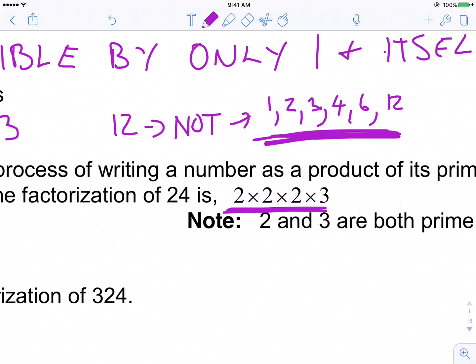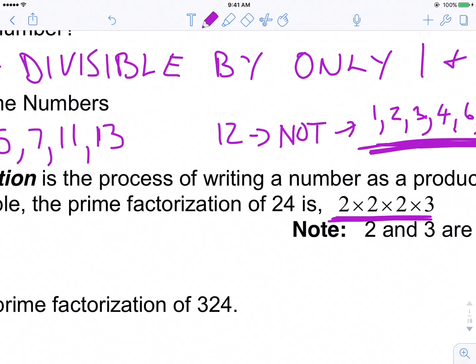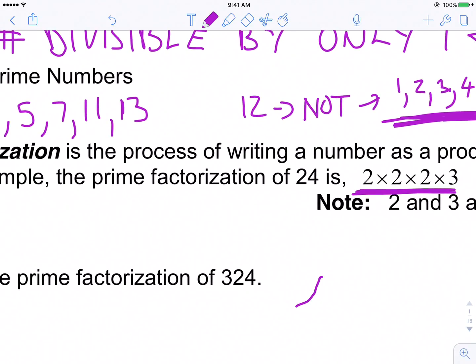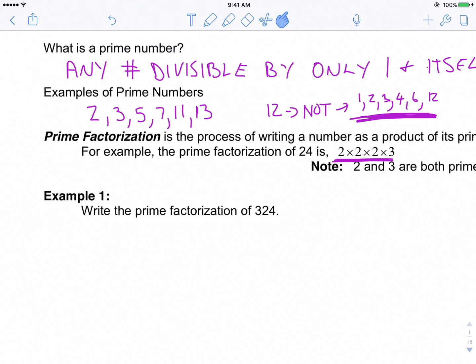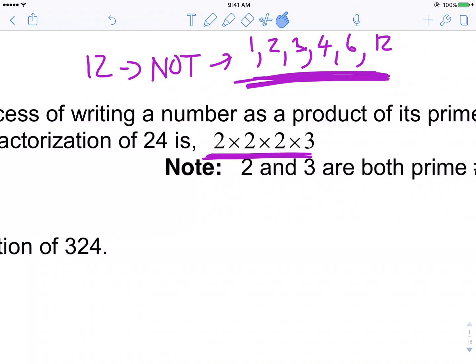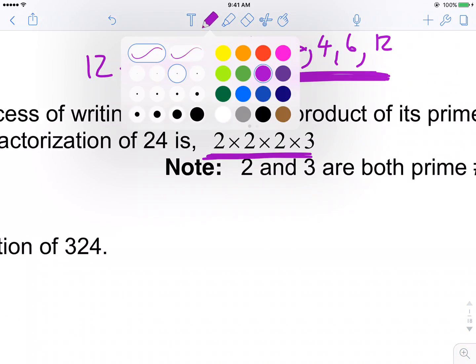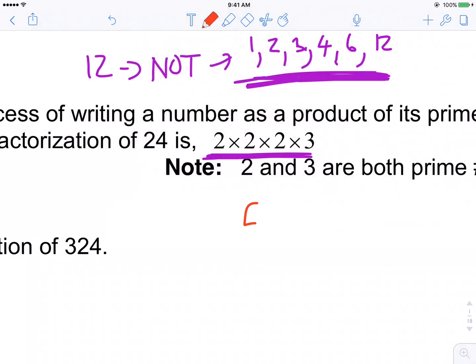Okay? Let's look at the next example. Prime factorization of 324. There's a couple of different ways that you could go about finding the prime factorization of a number, but it doesn't matter which way you use, there are some rules that you can try and remember that will help you. Even numbers are going to be divisible by 2.